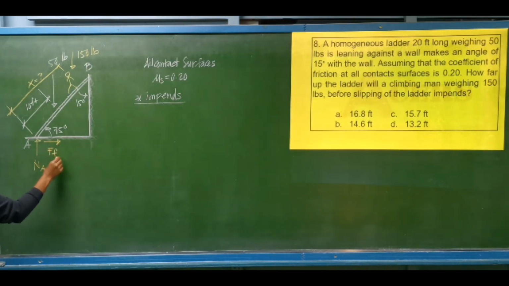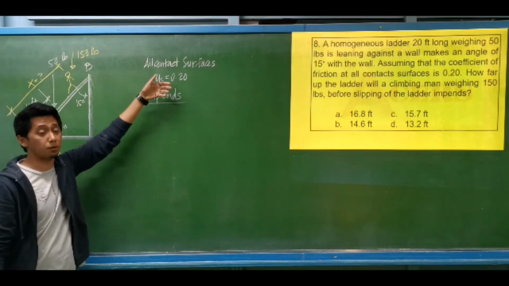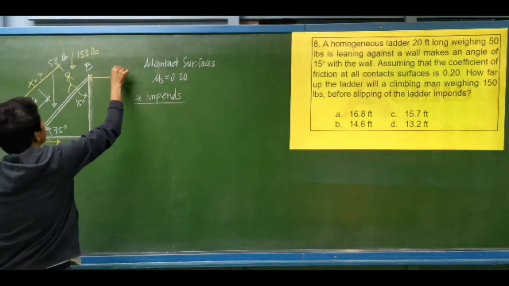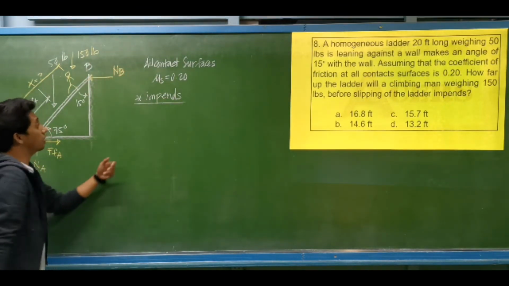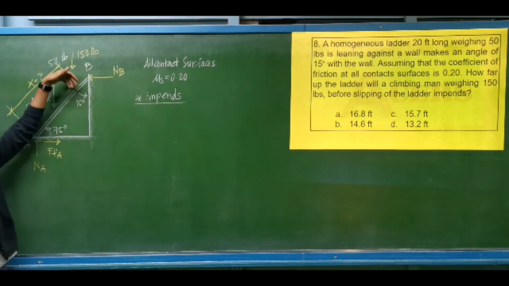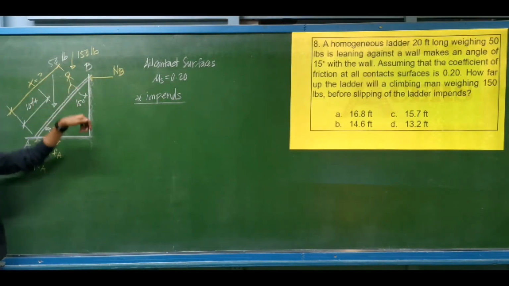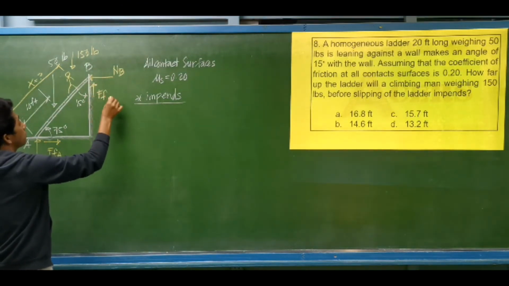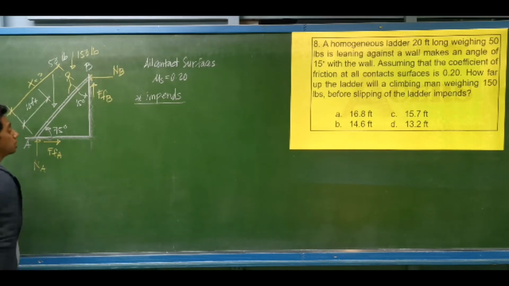This is the frictional force at A. Then we have a frictional force at point B. Other than the normal reaction at B, this time we'll also have a frictional force. If the ladder is about to slide down, the frictional force should be upward. This is the frictional force at B.